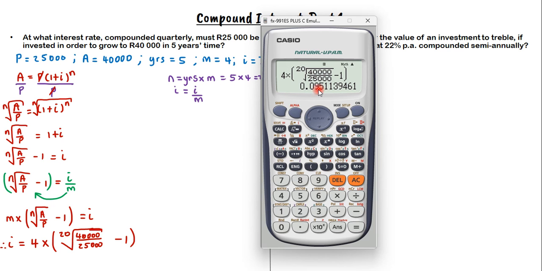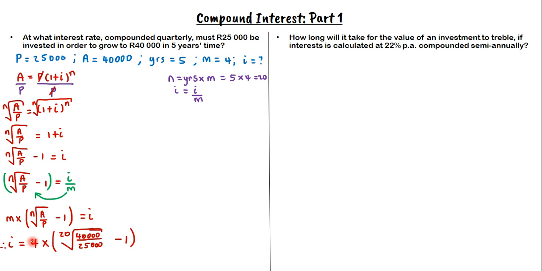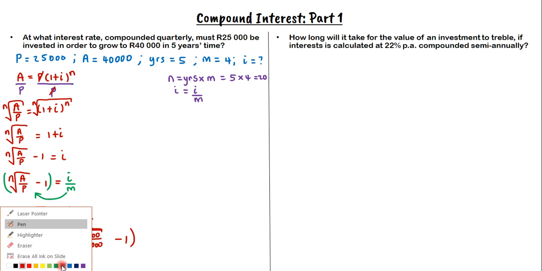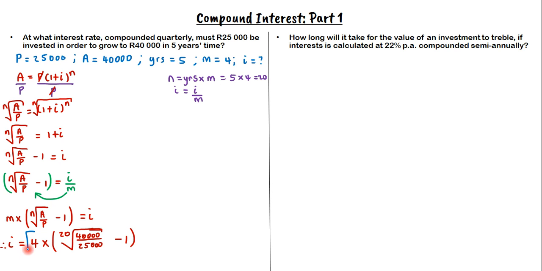But this is not the actual value, right? Whatever I get here, I need to times it by 100. So now I'll multiply this by 100. Notice that you only multiply by 100 after you have pressed this in your calculator.